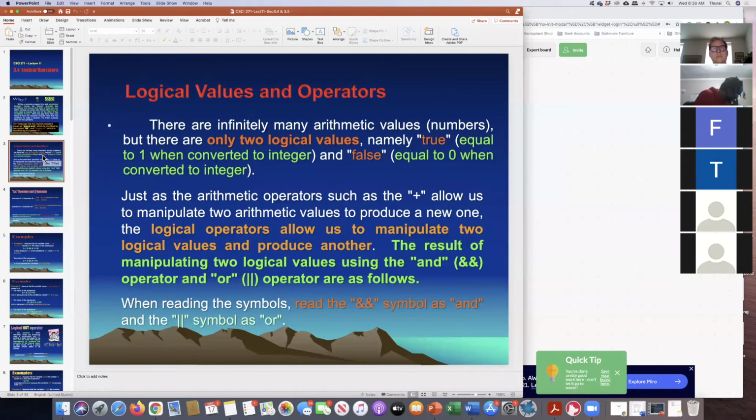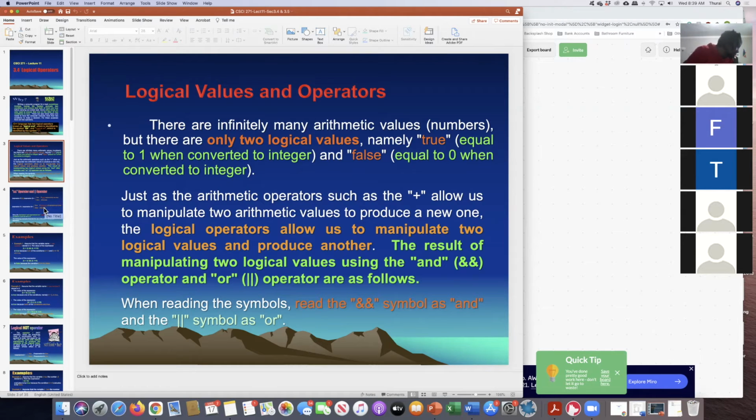So on either side of the operator, there should be a value true or false. It'll combine them into getting another result. Just like you add 2 numbers to get another number, and operator and or operator will operate on logical values, Boolean values, and it'll produce another Boolean value.